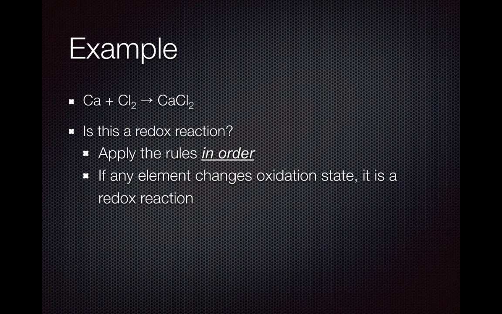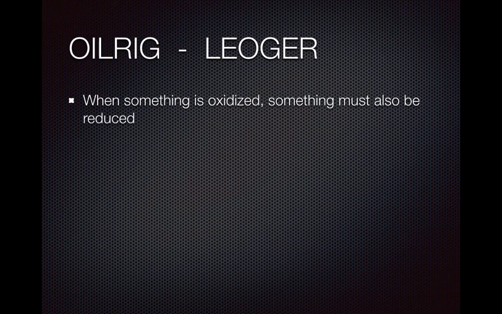Now once we've decided that we have a redox reaction and we have all of the oxidation states assigned to all the different elements, we want to know what is being oxidized and what is being reduced. We have an oxidation-reduction reaction, and that means that we have two processes, oxidation and reduction, taking place. So we always have these two things happening together. When something is oxidized, something else must also be reduced, and vice versa.